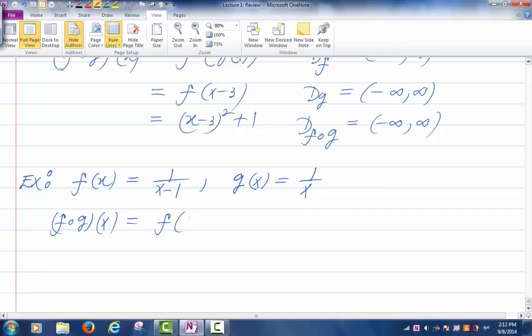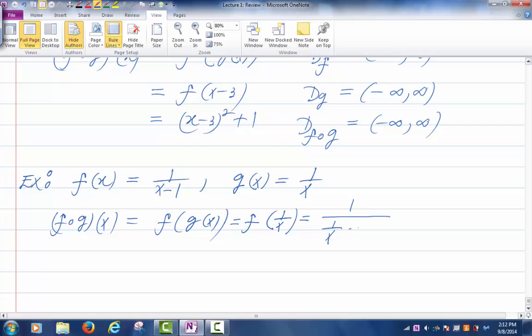Well, it will be f of g of x. And what is that equal to? Well, it is f of 1 over x. And what is f of 1 over x? Well, I go to the formula for f. I replace x by 1 over x. What do I get?